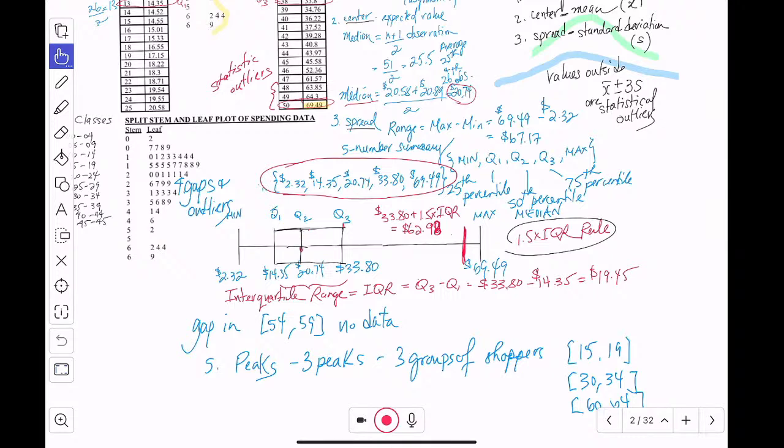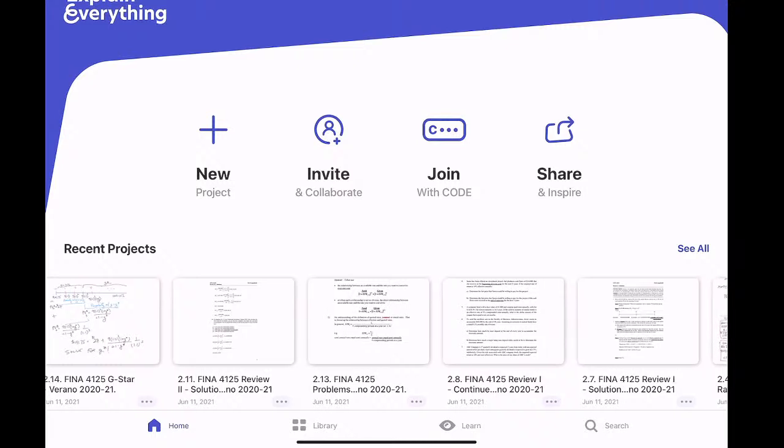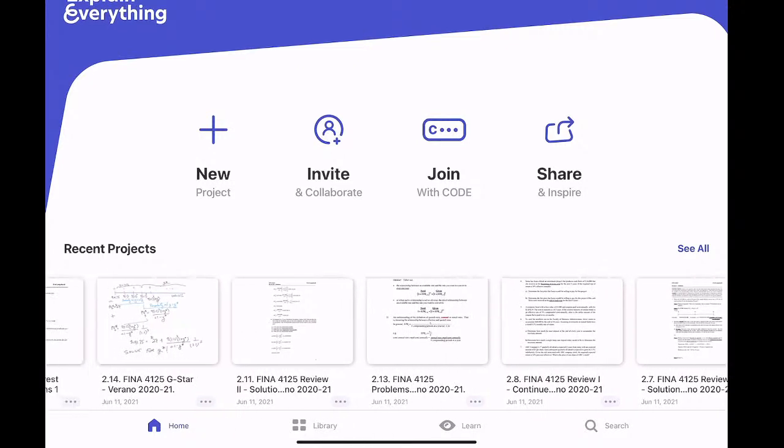So where I'm going to go, I'd like to go to the sample problems document.